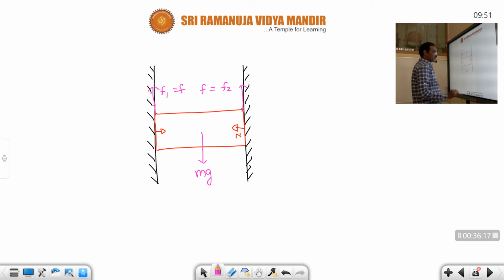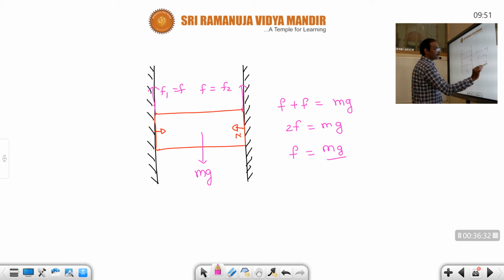At equilibrium, F plus F is equal to mg. That is 2F is equal to mg. Now, frictional force F is equal to mg by 2. This is the force of friction given by each surface.